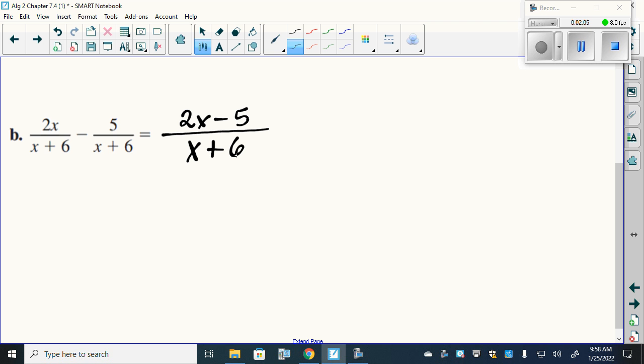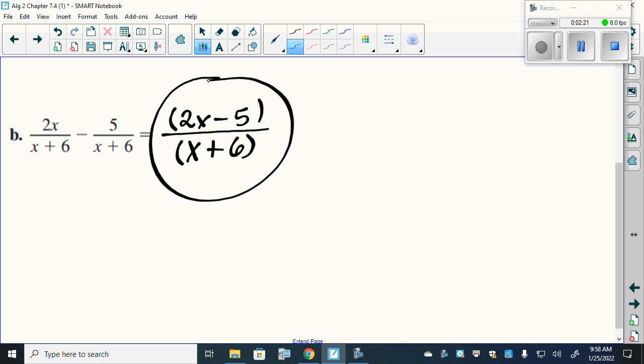Well, the numerator 2x minus 5, the degree is 1, and there's not a greatest common factor between the two terms, so there's nothing we can do there. And since there's nothing in common, because this is one whole term, and this is going to be considered one whole term, so this is as simplified as it gets.